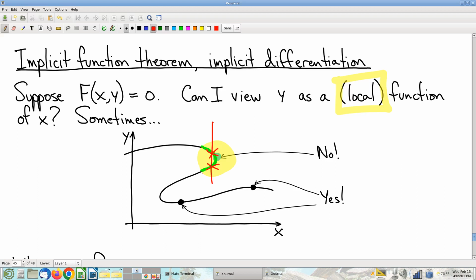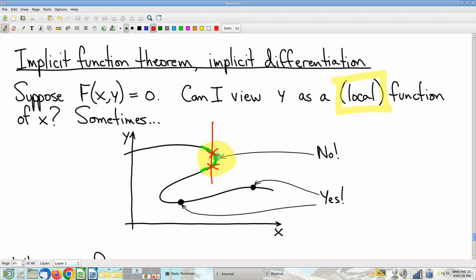And you could argue, well, that's because you made your yellow circle too big. Make that circle smaller and smaller and smaller to get away from where these 2 points are a problem. Well, sure, but then there's going to be 2 other points closer on the curve. And no matter how small you make it, there's no getting around the fact that the curve is wrapping under itself there. And however little of the curve you look at, the curve has wrapped under itself.